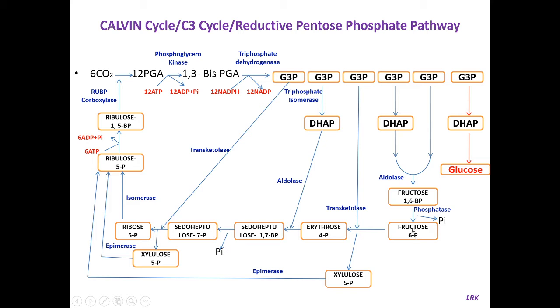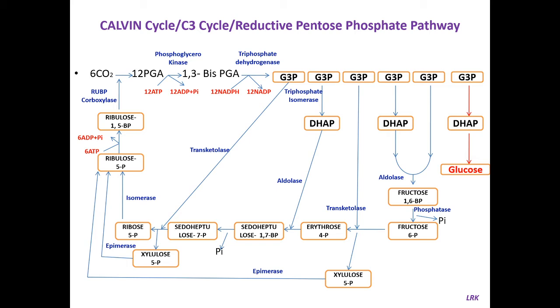Here it is a 6-carbon compound, and this glyceraldehyde 3-phosphate is a 3-carbon compound. So as a whole, 9 carbons are taking part in the reaction. These 9 carbons are split into one 5-carbon compound called xylulose 5-phosphate and one 4-carbon compound called erythrose 4-phosphate. This reaction takes place in the presence of the enzyme called transketolase.